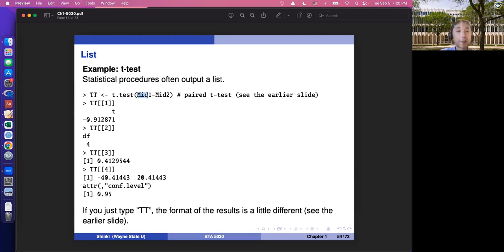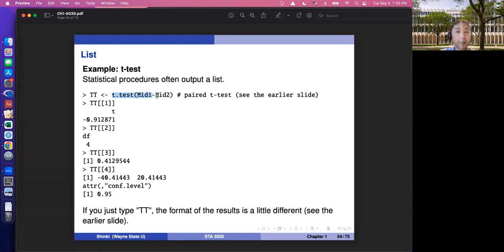And we want to see if the mean midterm 1 score is significantly different from the mean midterm 2 score. Then we can use the t.test function to do that.